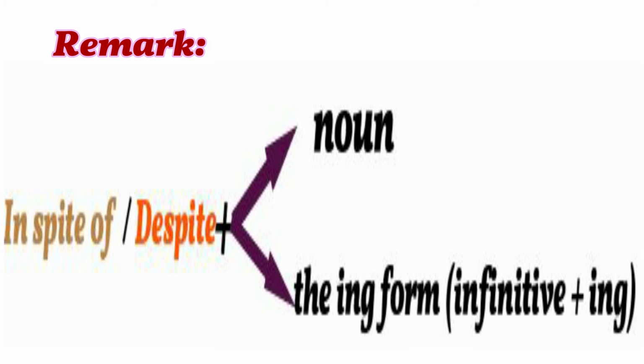An important remark. Of course, we said that in spite of and despite are followed either by noun or the ing form, then comma and the main clause. That's true. It happens that sometimes you find it difficult to come up with the noun from an adjective or even the ing form of a verb, because it's probably conjugated in a tense that makes the thing a little bit difficult for you. There is a solution, and it's very formal.